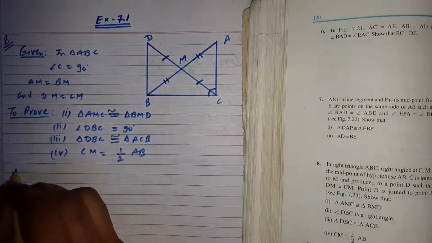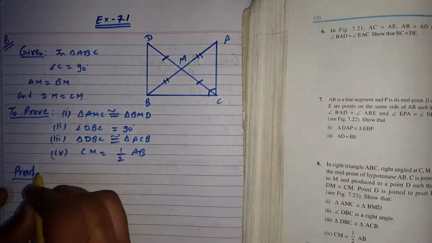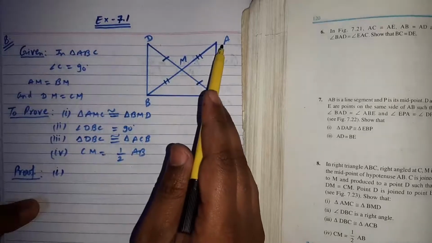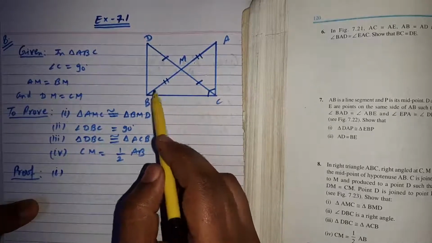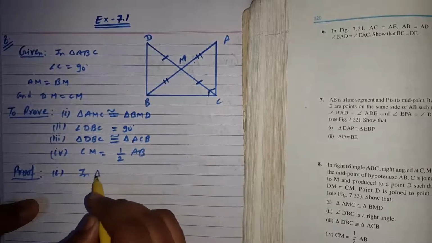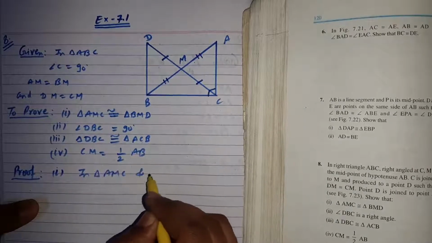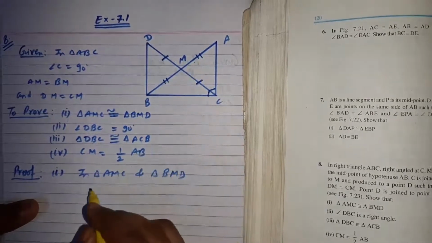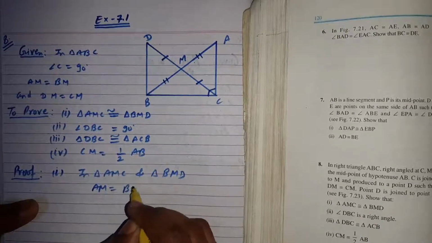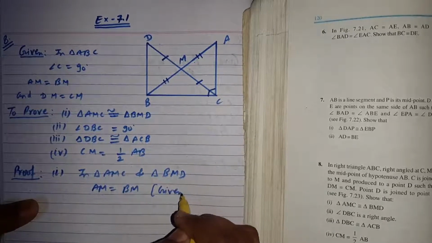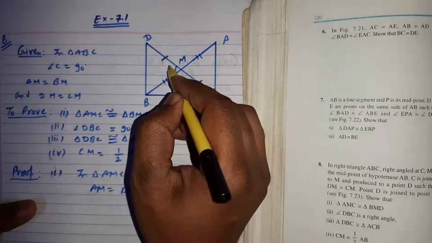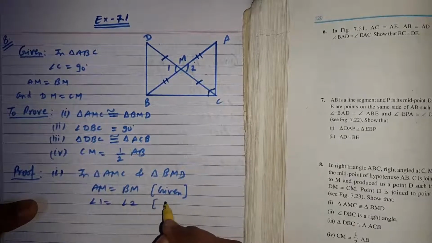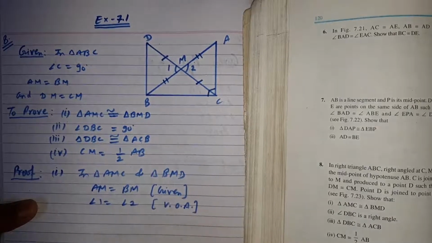Okay. Now proof is, the first part, in triangle AMC and triangle BMD, AM is equal to BM, given. Okay, suppose this angle is 1 and this angle is 2. So angle 1 is equal to angle 2, vertically opposite angles.